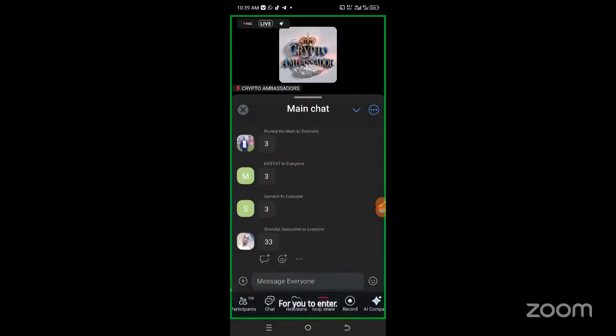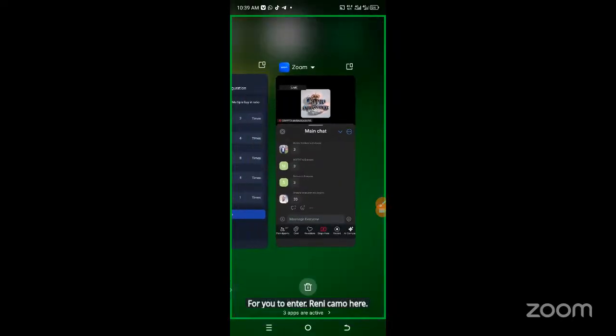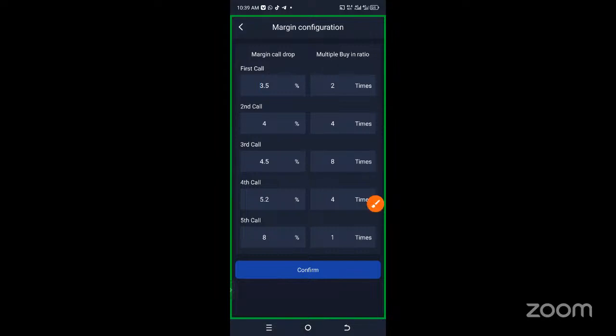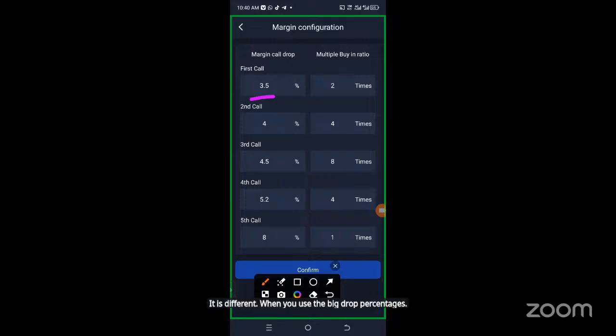Then come here. In futures, it is different. When you use big drop percentages, it is going to be very impossible for the robot to buy these margin calls.